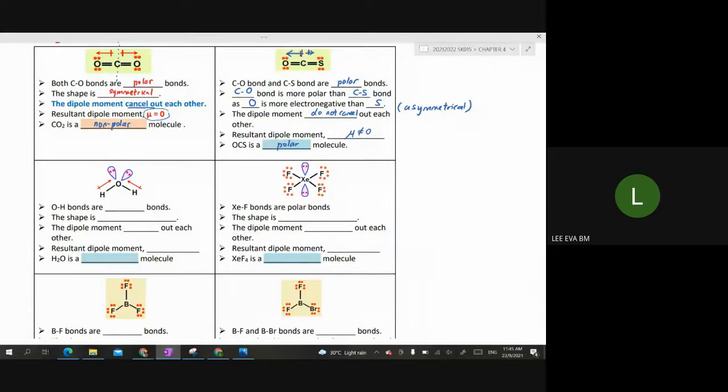Okay, so next one we got H2O, the molecule of water. So there's two lone pairs, there's OH bonds. Oxygen is more electronegative than hydrogen, obviously. So your polar arrow is pointing towards the oxygen. Nampak kan dua arrow dekat sini, dia pointing kepada oxygen.